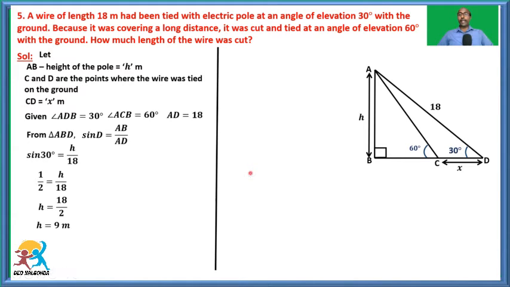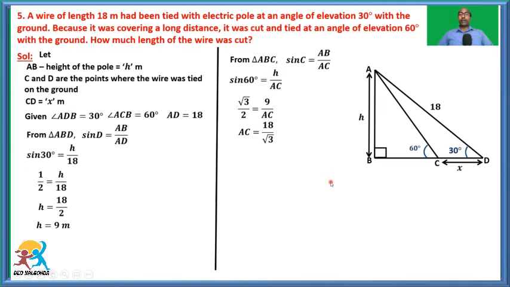Now from triangle ABC, sin C equal to AB by AC. Sin 60 is equal to H by AC. That is root 3 by 2 is equal to 9 by AC. Because we got H is equal to 9 here.